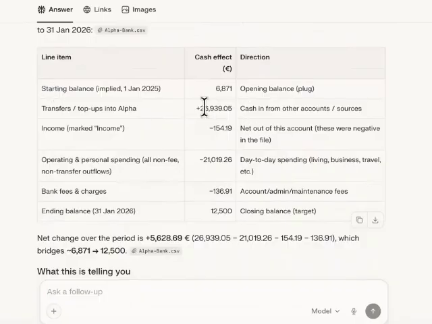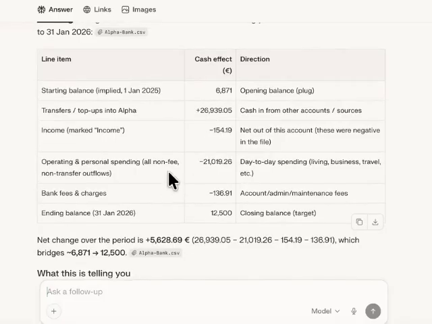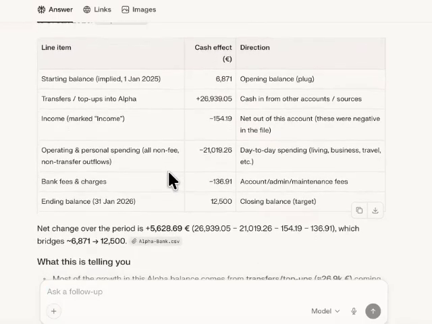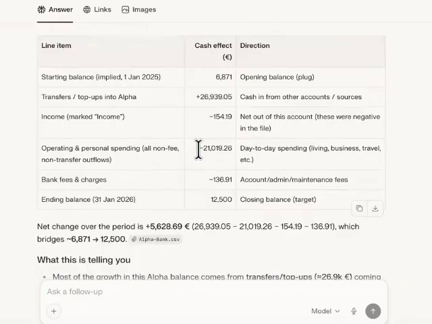Starting balance, transfers, deposit 26,935 euros, income, net out of this account. Not sure how it got that. We can ask it. Operating and personal, okay, these are my expenses, bank fees, ending balance.